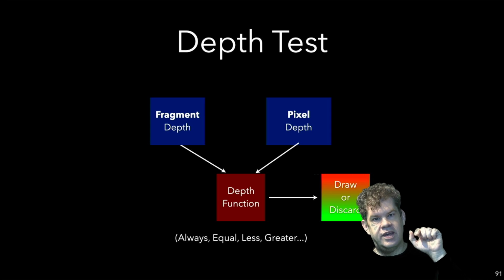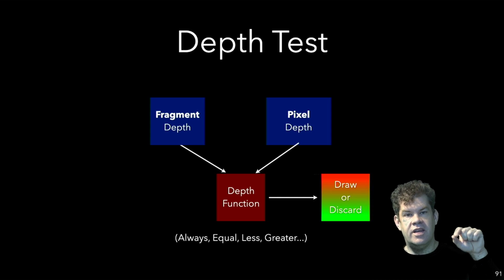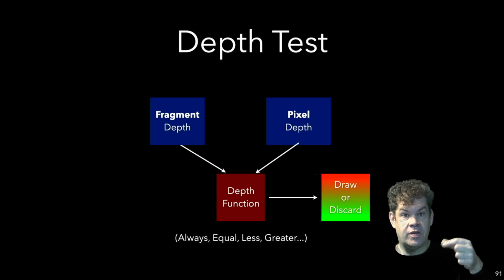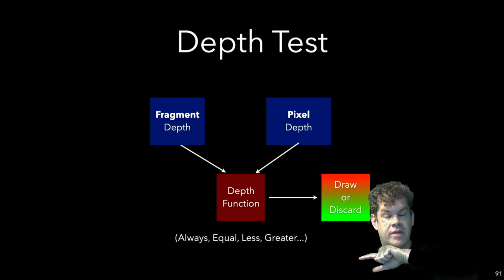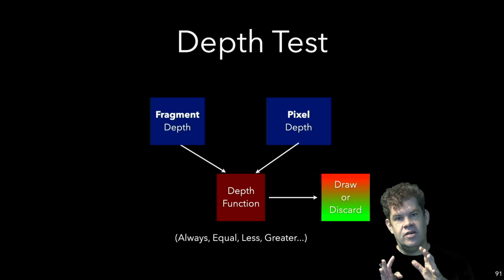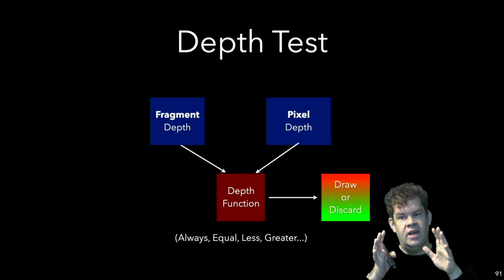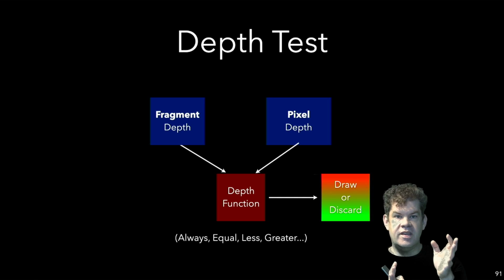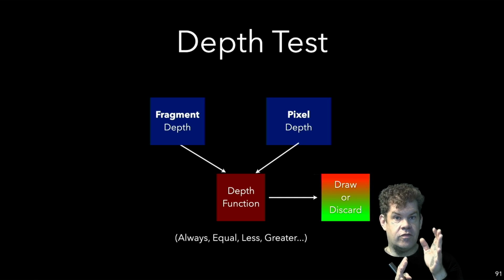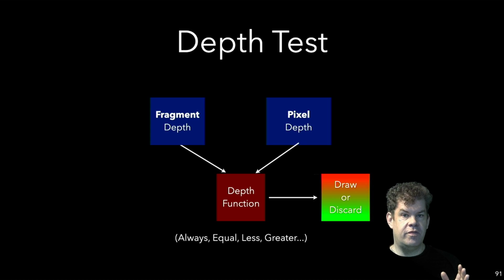So the interesting thing is that one fragment can then influence the next fragments, because it now is the pixel. The pixel is tested against the next fragment. So what the depth test allows us is much more powerful than the previous tests, in that now we can have dependencies between fragments. We can have influences between fragments, which we could not do before because they're all processed independently.